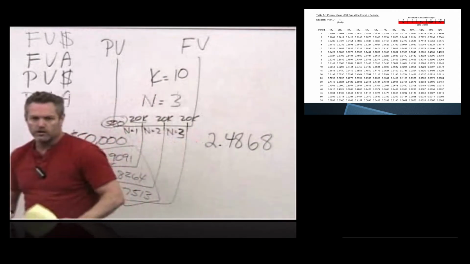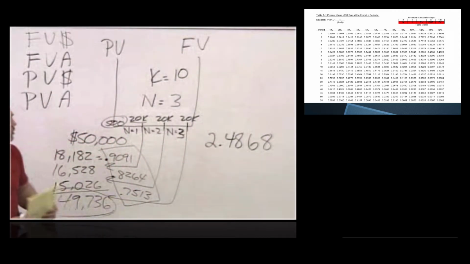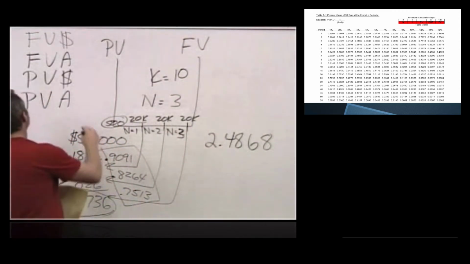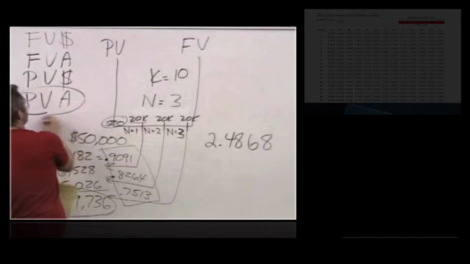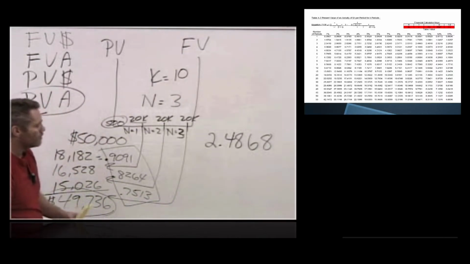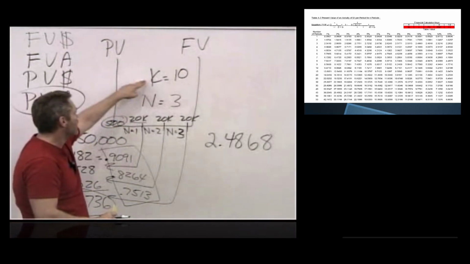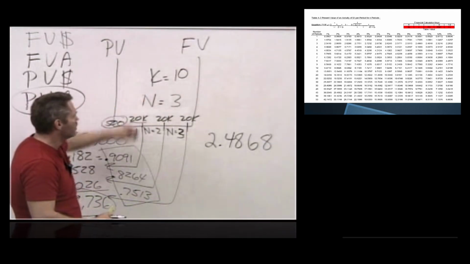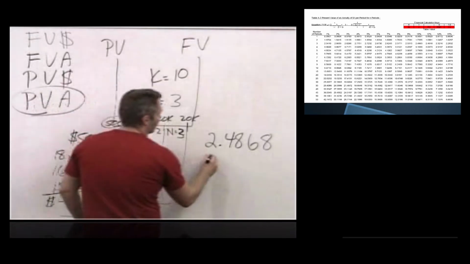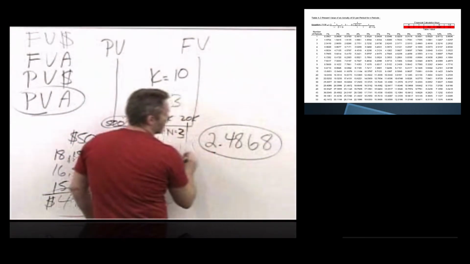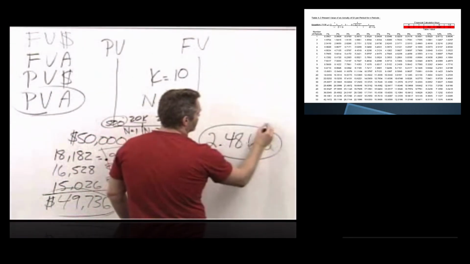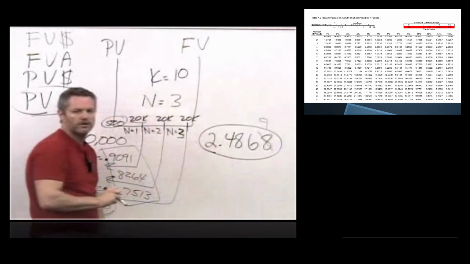So what we can do now is go to our chart, which is the present value of an annuity chart. And if you look up on the present value of an annuity chart, under K equals 10, N equals 3, you will find 2.4868. Actually, on the chart, because of rounding, that's a 9, but it's just a rounding error.